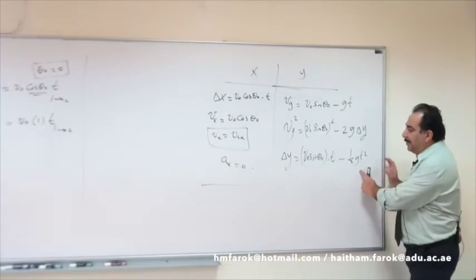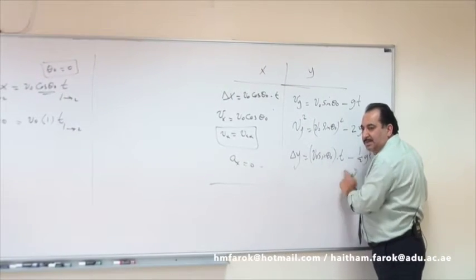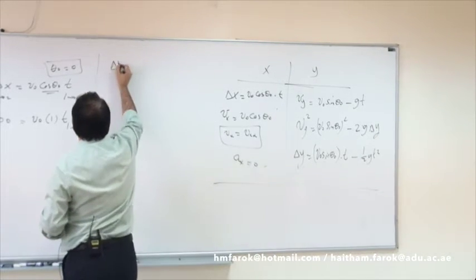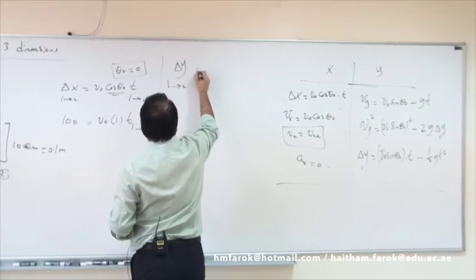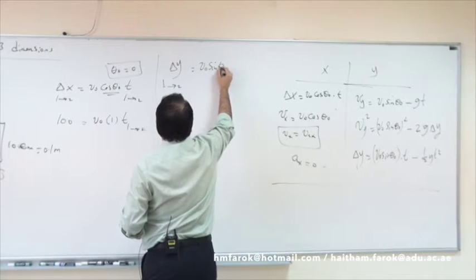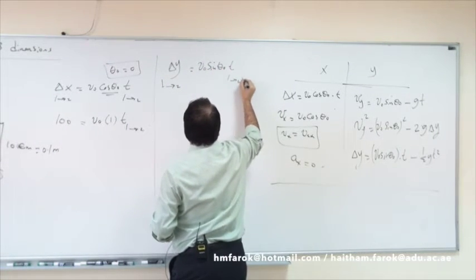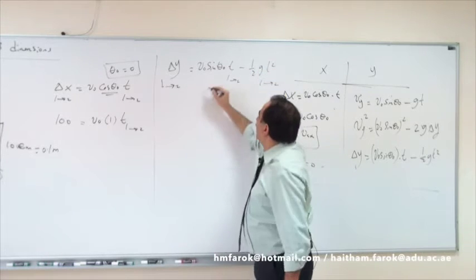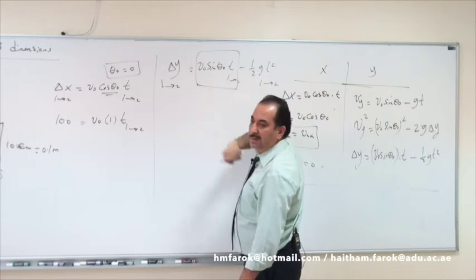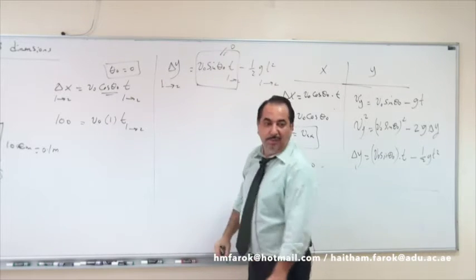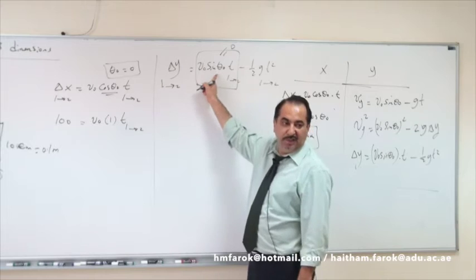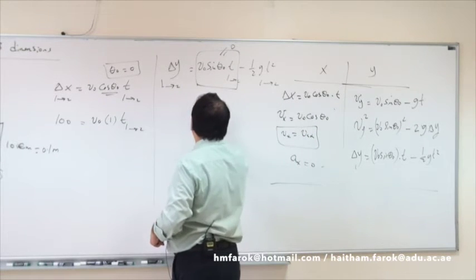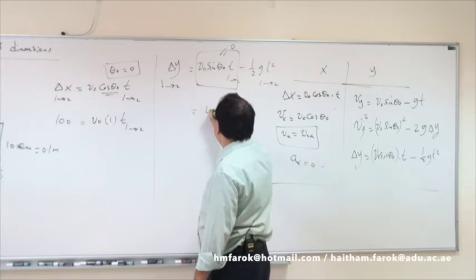It has time and vertical displacement. How much is delta y between 1 and 2? V naught sine theta naught t from 1 to 2 minus half gt squared from 1 to 2. How much is the first term? 0. Why? Because theta is 0, sine 0 is 0. So you'll have minus. I write 0 so you remember.